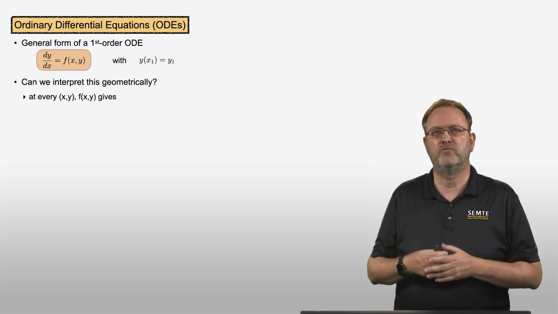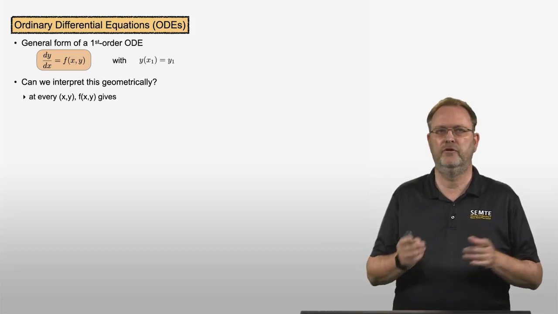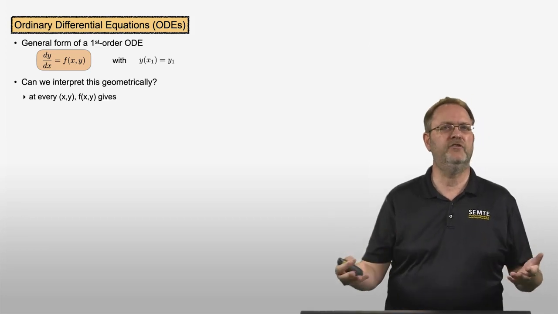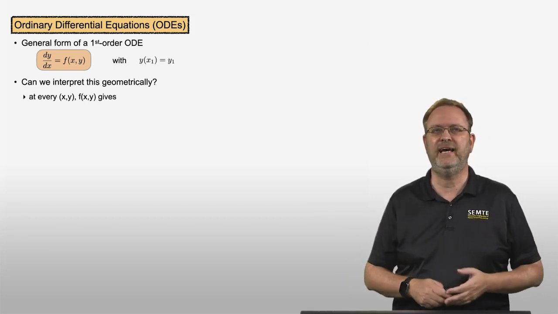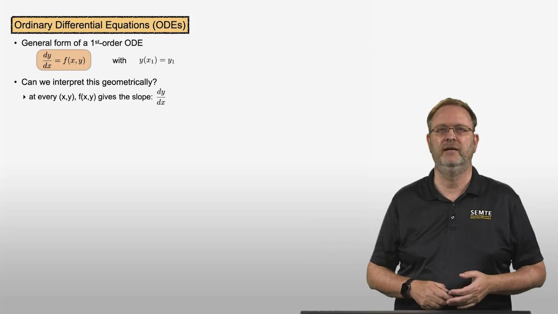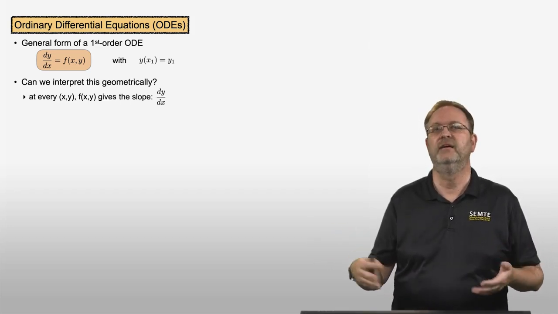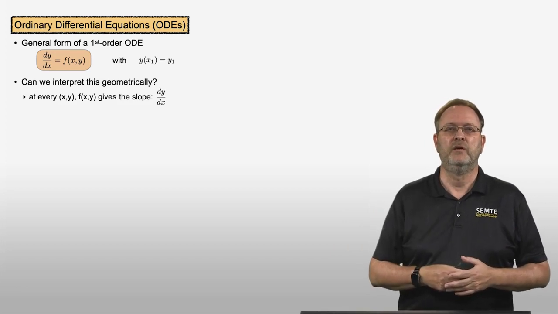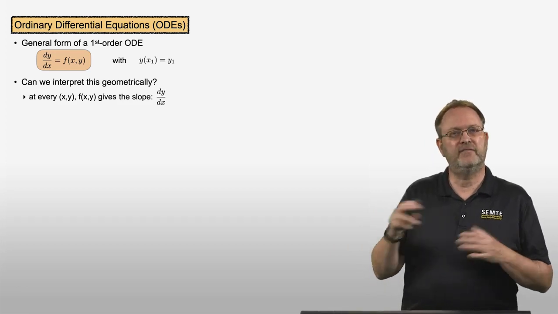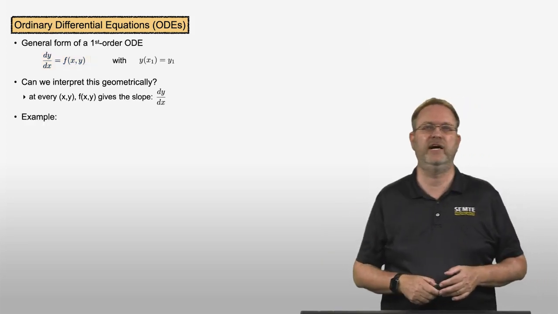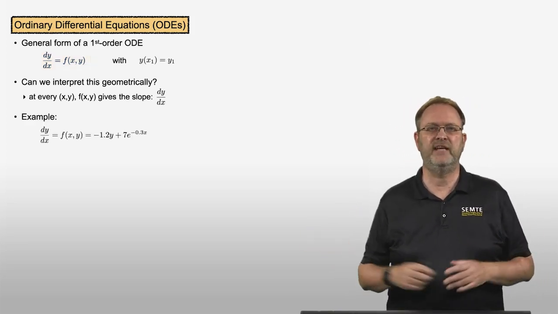And that f of x, y is equal to the first derivative dy dx. But what is the geometric interpretation of dy dx, the first derivative? Well, it's a slope, right? The slope of y of x is dy dx. So at every data pair x and y, the f of x, y gives me the slope of the function y of x.